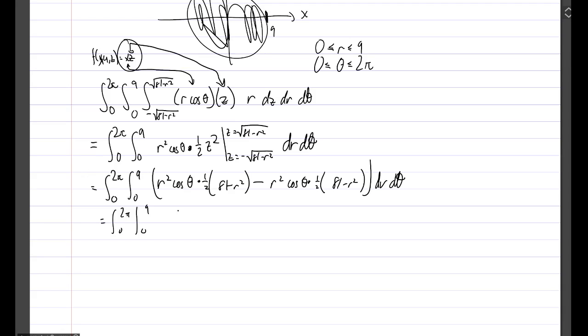Assuming that this hadn't simplified, we would have something like r squared, 1/2 cosine theta. Let me just distribute the r squared: 81 r squared minus r to the 4th, minus 1/2 cosine theta, 81 r squared minus r to the 4th.